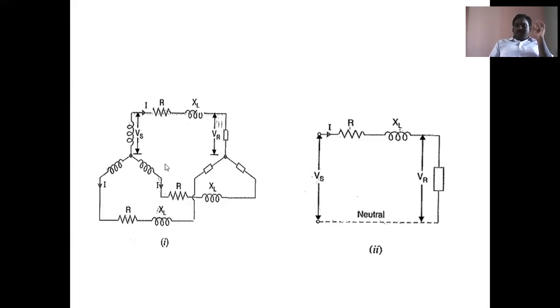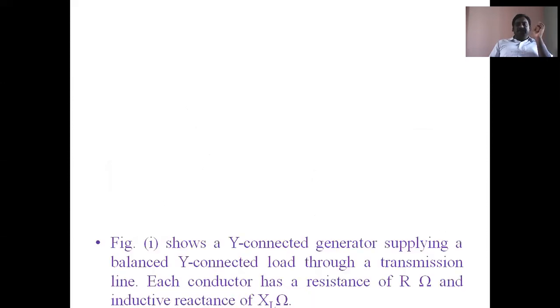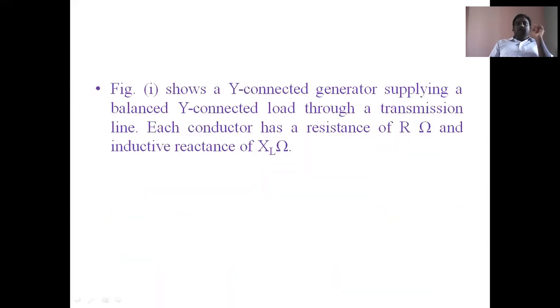So this three-phase circuit can be converted into an equivalent single-phase system, and we can perform our analysis on a single-phase basis. Finally, three-phase performance of a star transmission line can be represented on a per phase basis. The figure shows a star-connected generator supplying a balanced star-connected load through a transmission line.